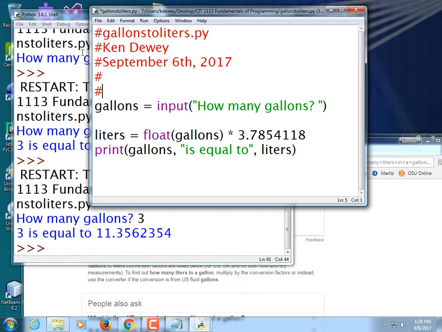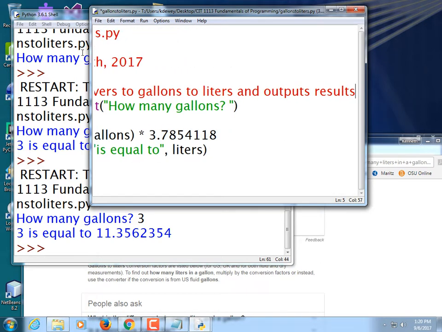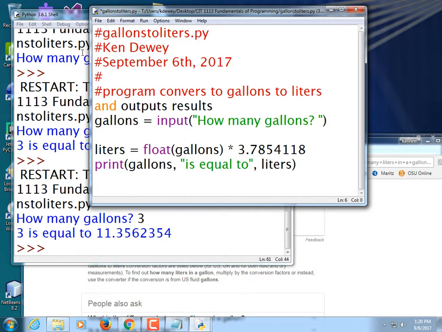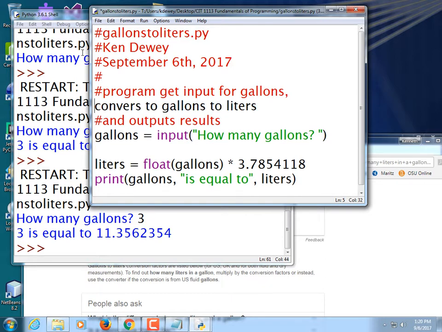Program. Whoops. Jeez. And I would probably bring this over. How about gets input for gallons, converts to float, converts gallons to liters, and outputs result.